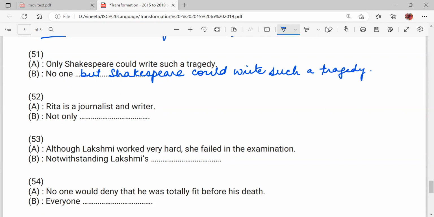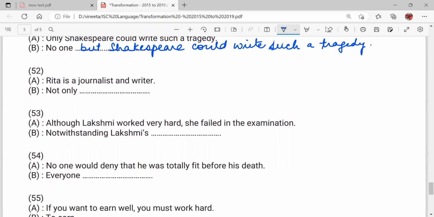Okay, next, Rita is a journalist and writer. Not only is Rita a journalist, but also a writer. Not only is Rita a journalist, okay? So, helping verb has to come before the subject because it is beginning with a negative word.